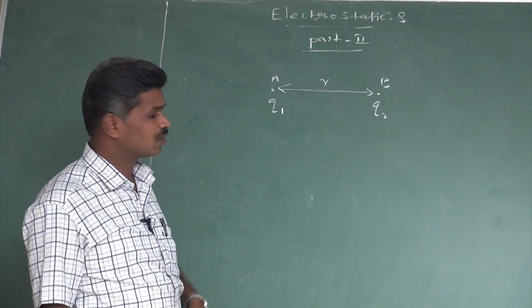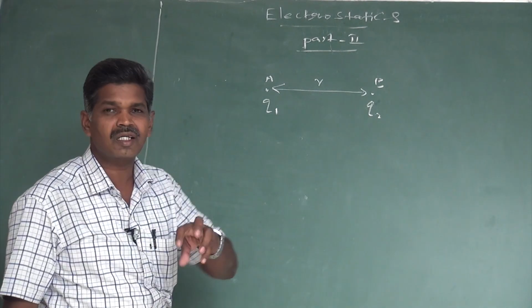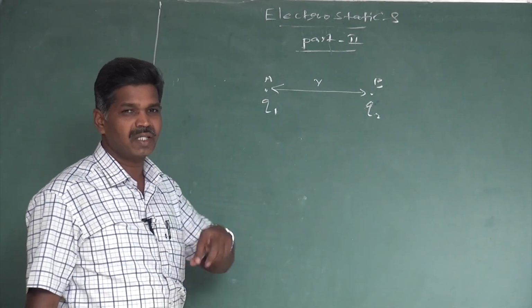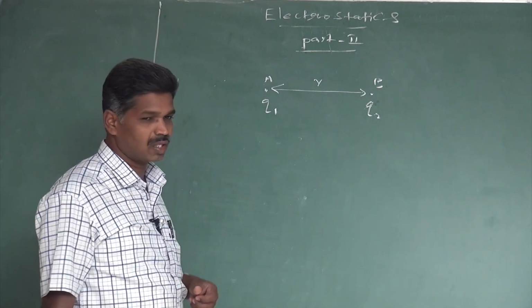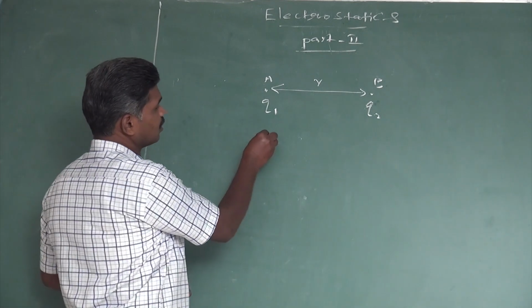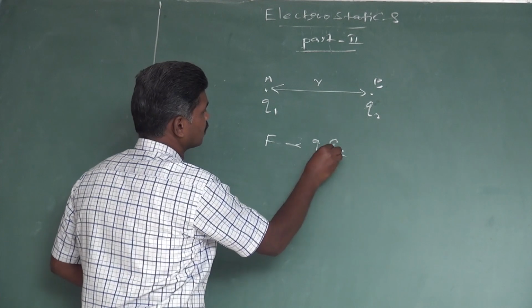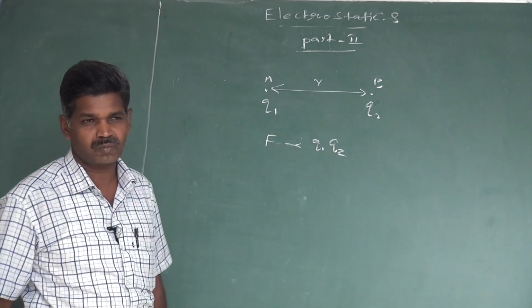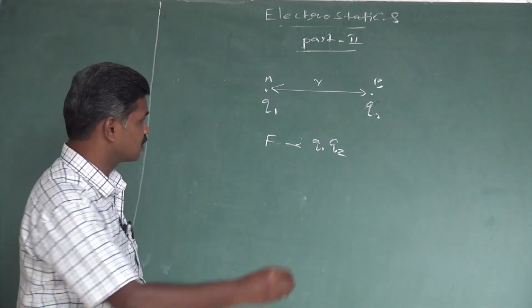Based on Coulomb's inverse square law, the interaction between the two charges can be expressed. The force is proportional to the product of the two charges Q1 and Q2, and inversely proportional to the square of the distance between them.